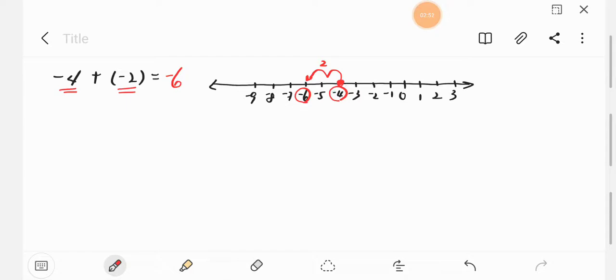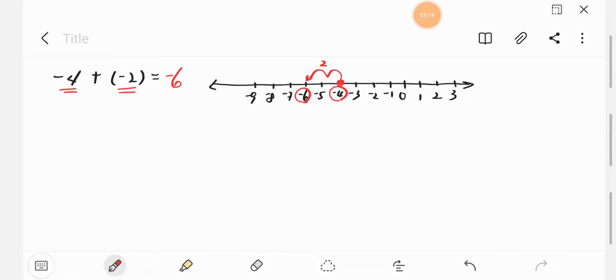So the result will be -6. As you add negative numbers, the number goes to the left. So the answer will be -6. What we do is add 4 and 2, so that will be 6, and then we are going to the left, so put the negative sign.